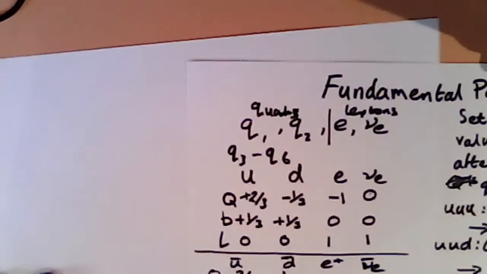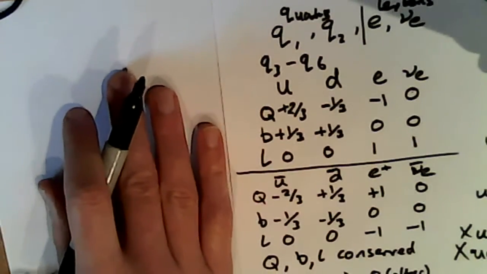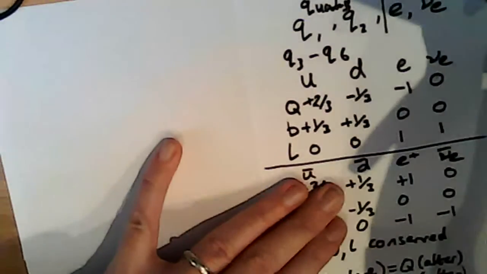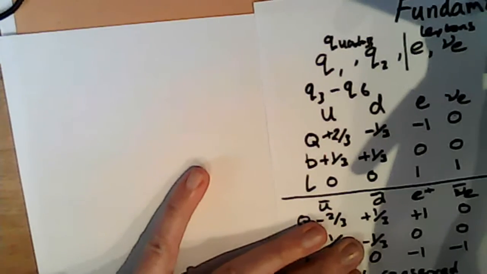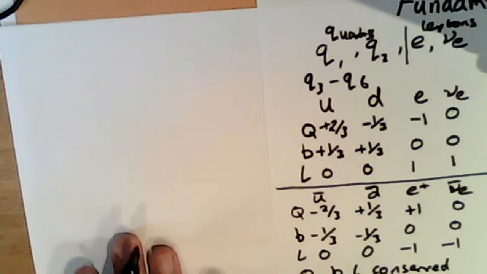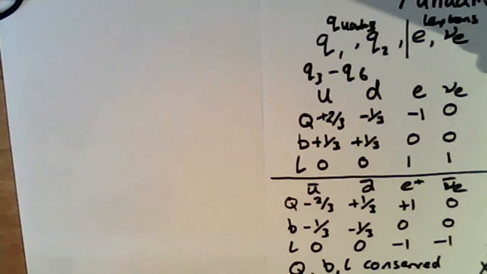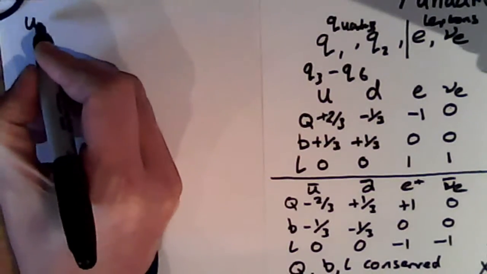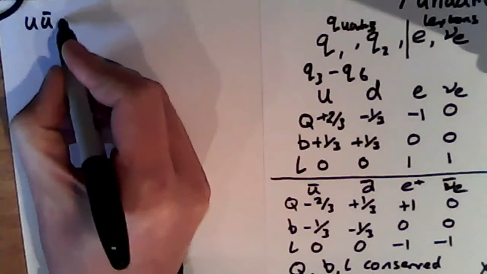So let us consider now a combination of matter and antimatter. I can just set up my paper. Right, so let's try this combination and see what we get. An up and an anti-up.